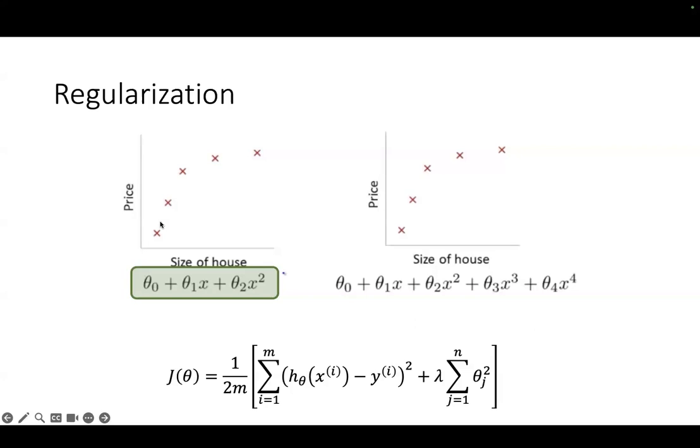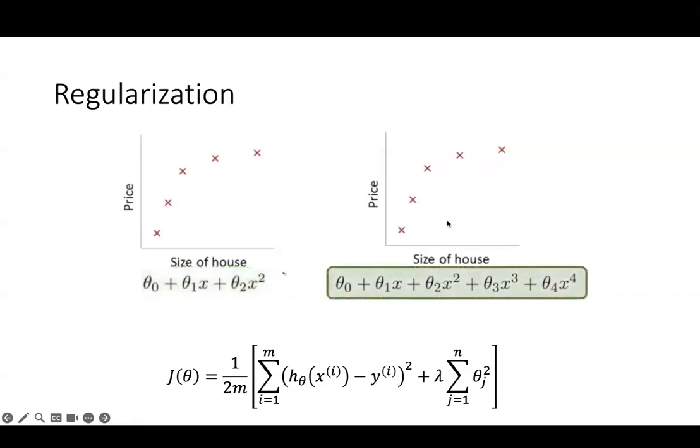Not cubic. And this one, if you fit it with this, it may overfit. Pag ginamit nyo ito dito, it may overfit kasi mukhang namang hindi cubic to. Mukhang hindi rin ito fourth power. So what you want to do is to make this small, para ma-fit to ng mas maayos.